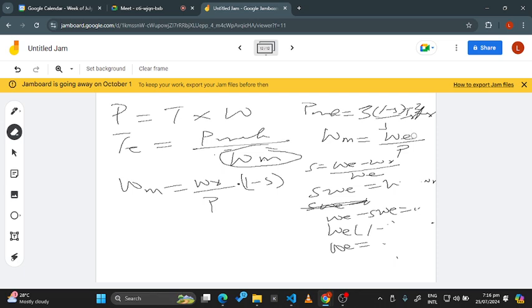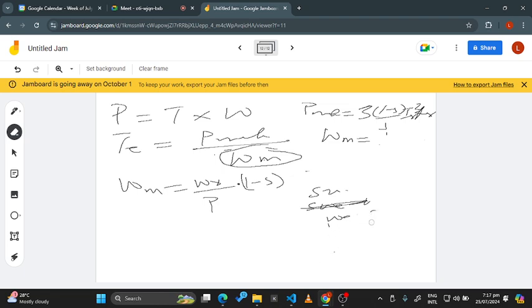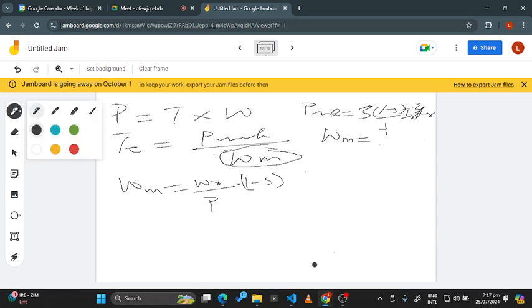So this shouldn't be the synchronous speed. We are dealing with the rotor speed, right? If you are looking for the torque that is produced, you use the speed on the shaft. So if you are looking for the torque, it is the power that is produced in the rotor divided by the rotor speed. Now, the mechanical rotor speed should be equal to the electrical rotor speed divided by the pole pair.